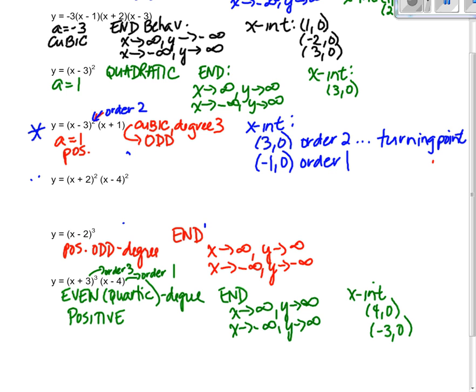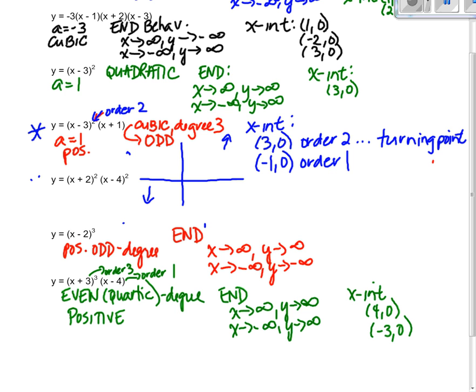It's an x-intercept, so we had our end behavior written down as well. It's an odd cubic, a positive cubic. So as we go further to the right, we're going to increase upwards. As we go to the left, we're going to decrease.